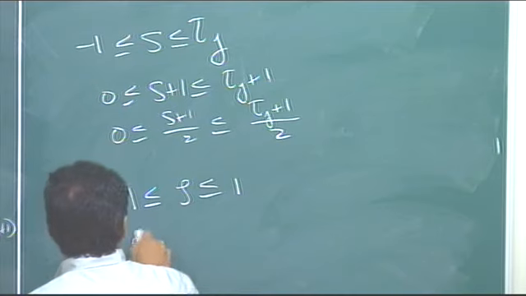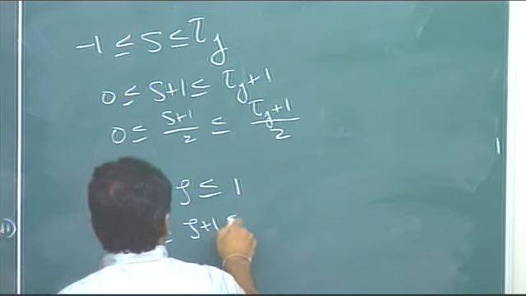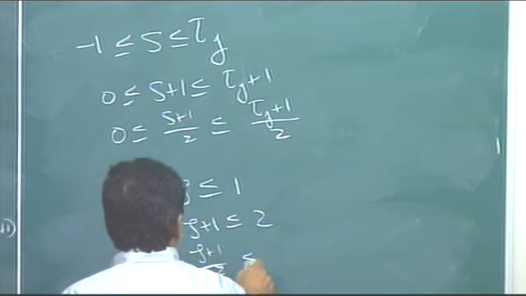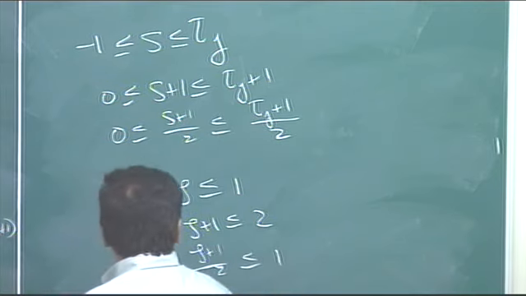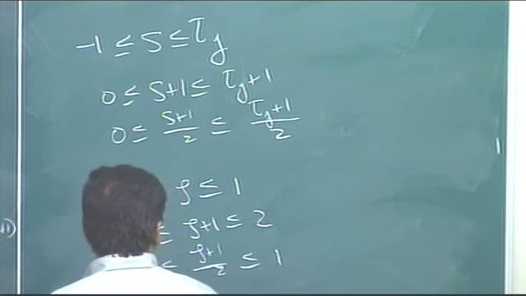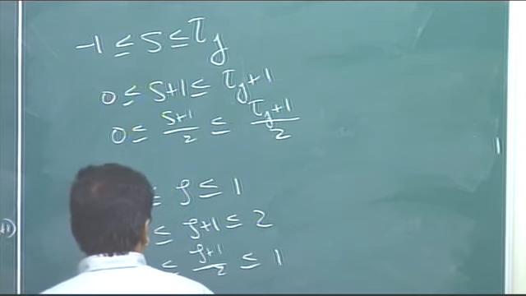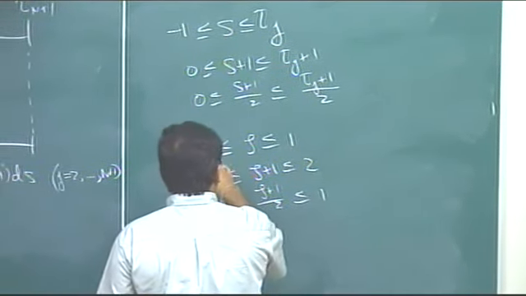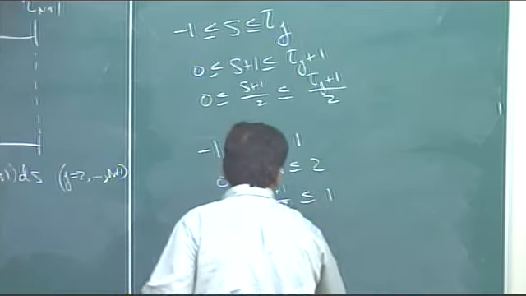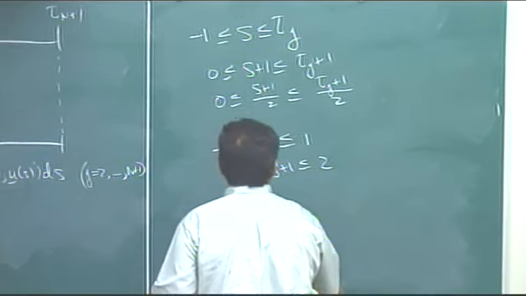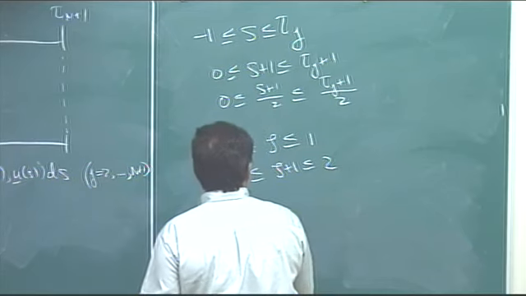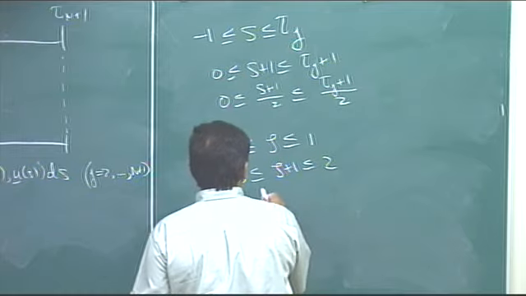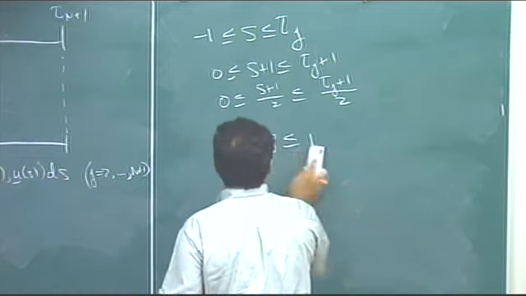So now I go 0 is less than or equal to zeta plus 1, which is less than or equal to 2, which says 0 is less than or equal to zeta plus 1 over 2, which is less than or equal to 1. Actually, wait a second. Let's do it this way. Hang on a second. Let me do this the other way.